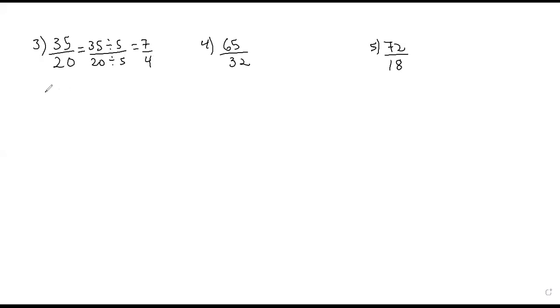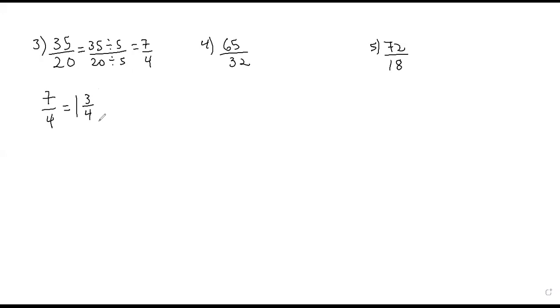We can write 7/4 as a mixed number if we divide. 7 divided by 4 is 1, and the remainder is 3 over 4. Let's check. 1 times 4 is 4 plus 3 is 7. So 35/20, that is an improper fraction, can be written as the mixed number 1 and 3 over 4.